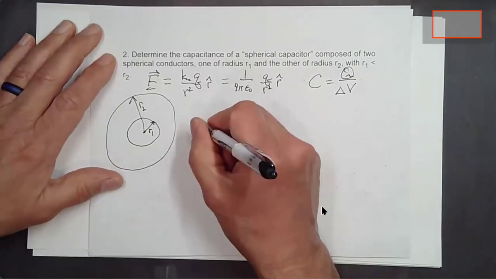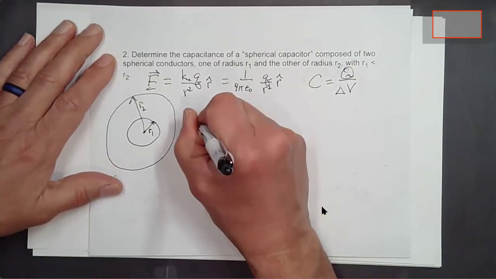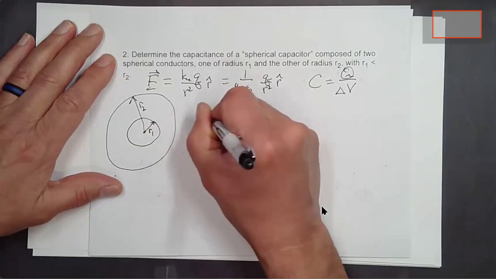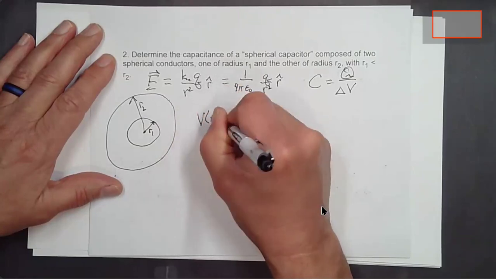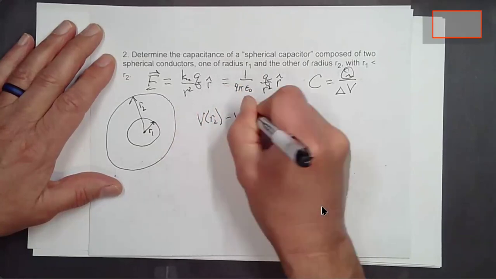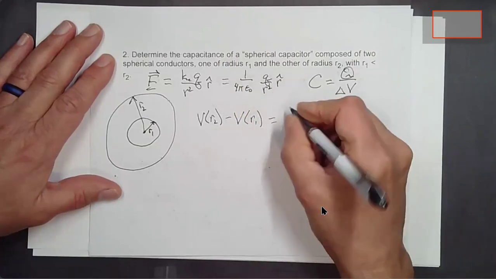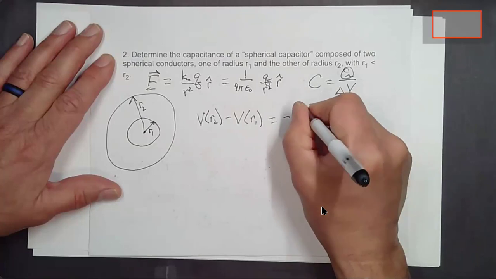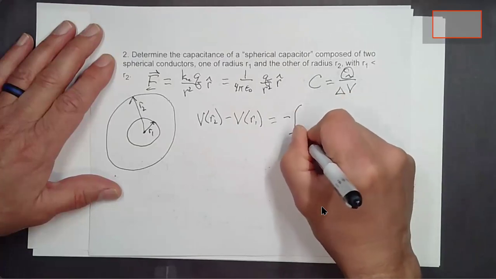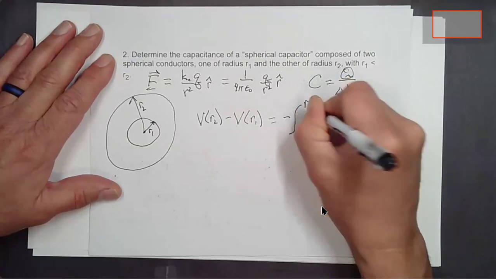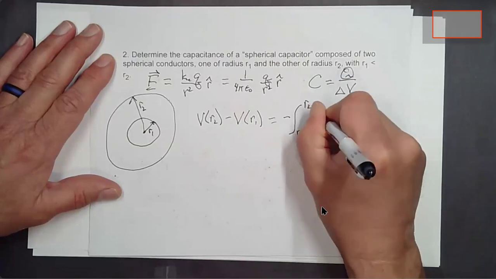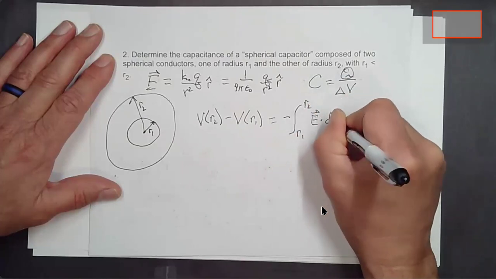And the potential difference, V of R2 minus V of R1, will equal the negative of the integral from R1 to R2 of E dot dl.